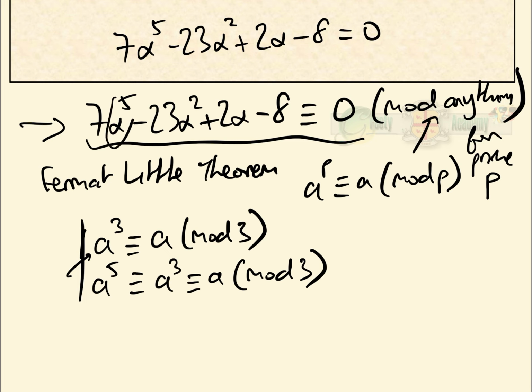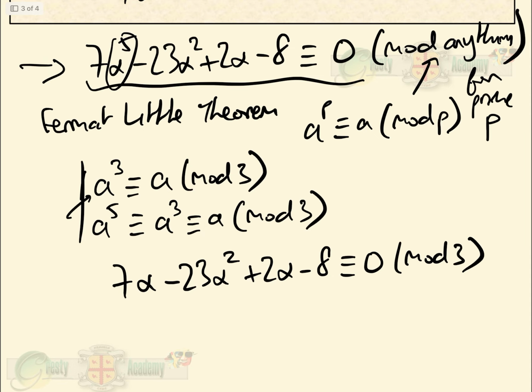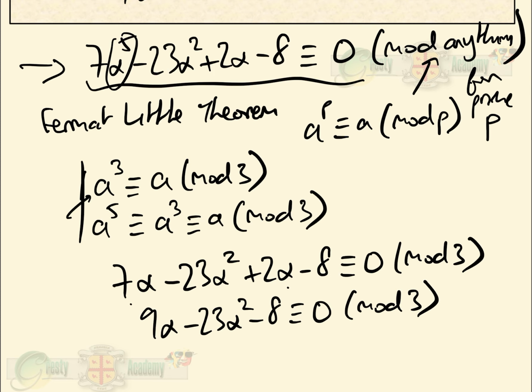Okay, so basically we can rewrite this equation using what we've just found. Alpha to the 5 becomes alpha, so we can rewrite it as 7 alpha minus 23 alpha squared add 2 alpha minus 8 equals 0 mod 3. And therefore 7 alpha add 2 alpha is 9 alpha, minus 23 alpha squared, minus 8, is equal to 0 mod 3.